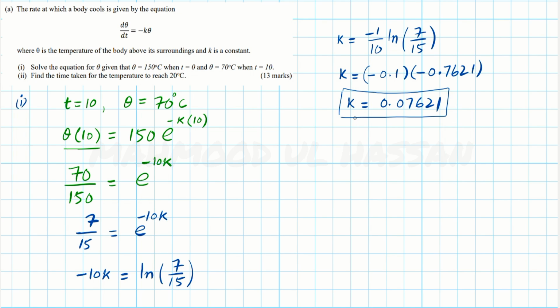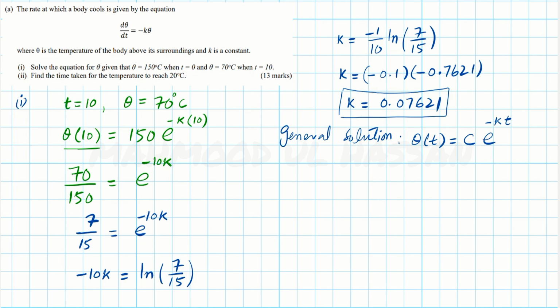So now putting the value of k and c in the general solution, and you know that our general solution was theta of t is equal to c times e raised to the power minus kt.